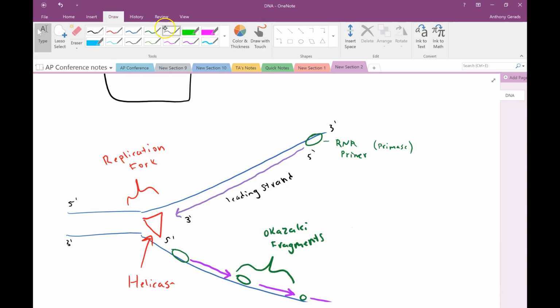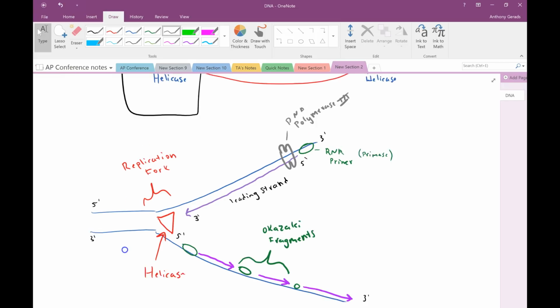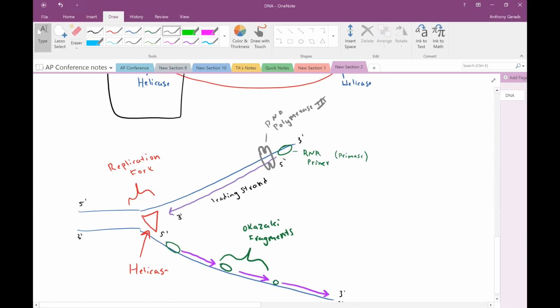The enzyme that came along and added these nucleotides, since I didn't really write it, is the enzyme that adds the complementary DNA nucleotides, DNA polymerase 3. It's going to add the complementary nucleotides to the growing strand. Any questions on DNA replication?